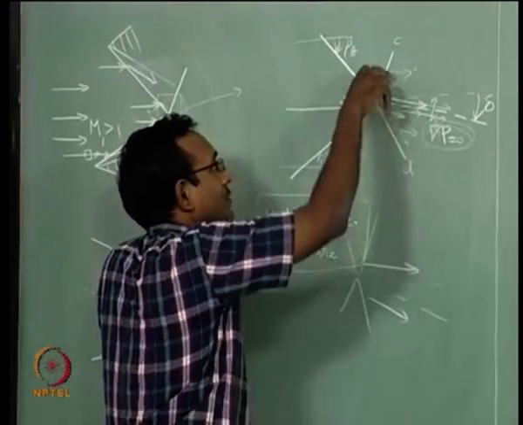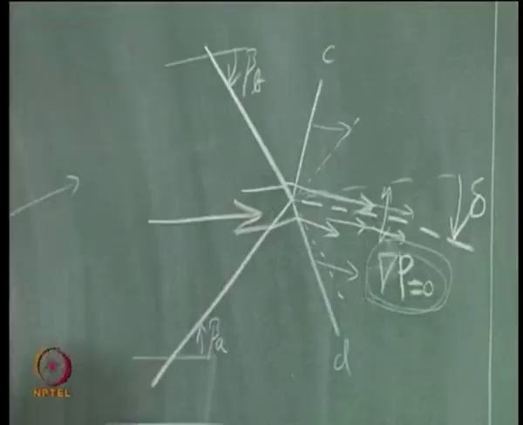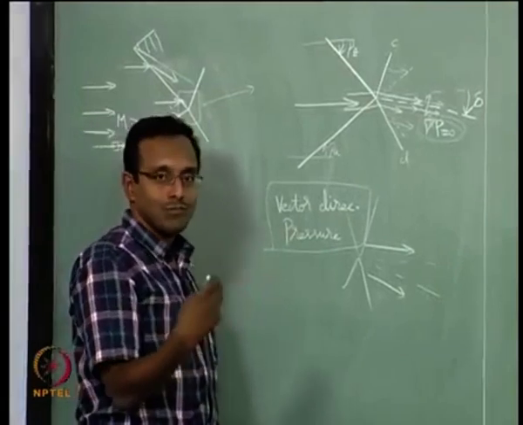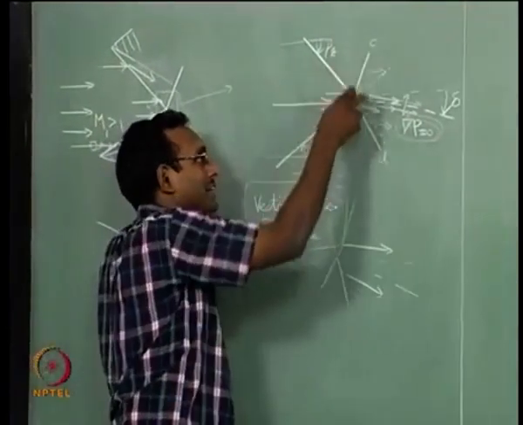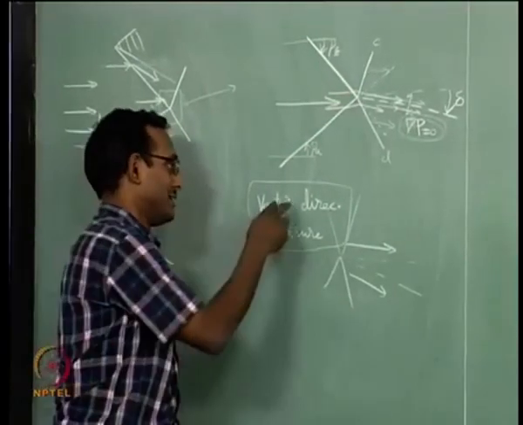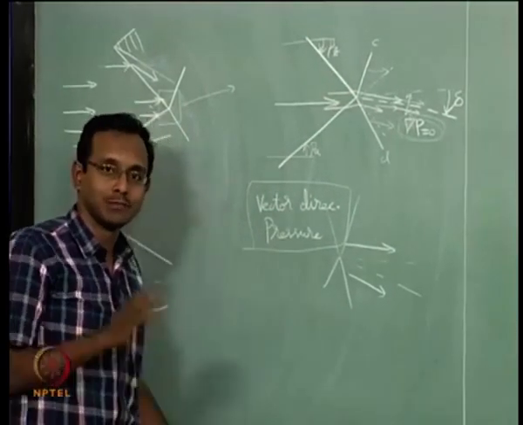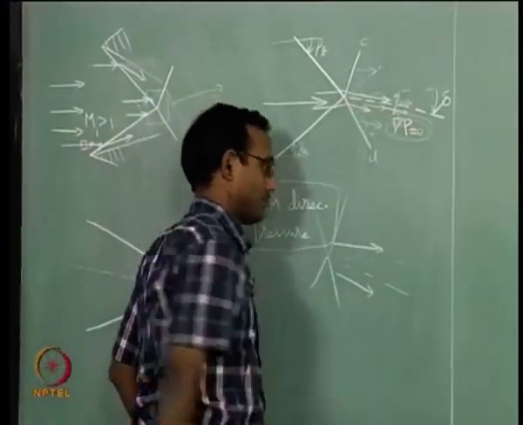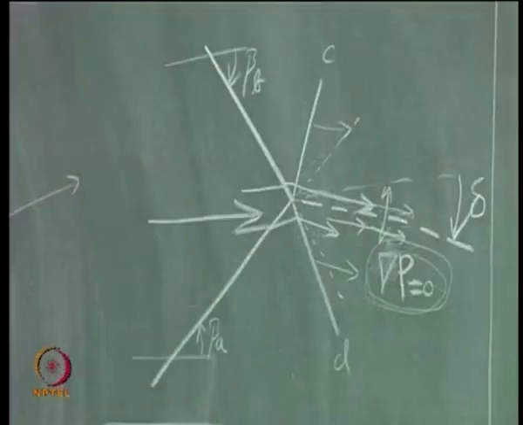So now I have to find those two betas. So I have two unknowns and I have these two conditions. I have to try it iteratively, try these two values and come to a point where it satisfies these two conditions. Velocity directions must be equal, pressures must be equal across this special line. That is how we will solve it.